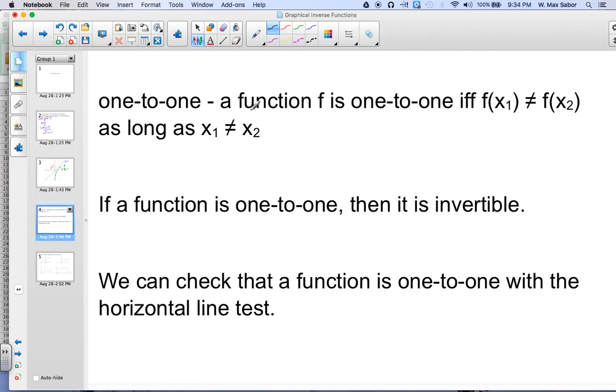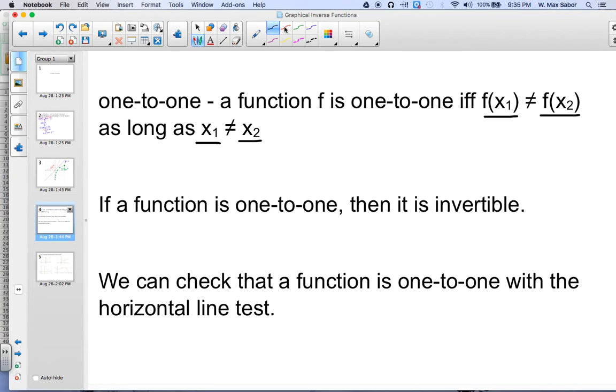Now this definition I've been told you've seen before: a one-to-one function. A function is one-to-one if the y coordinates are different whenever the x-coordinates are different. That's what this means. When you plug into the function, you get out different y-coordinates for different x-coordinates. If we say a function is one-to-one, then it is invertible.